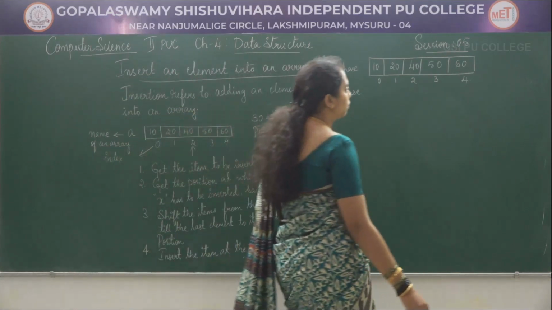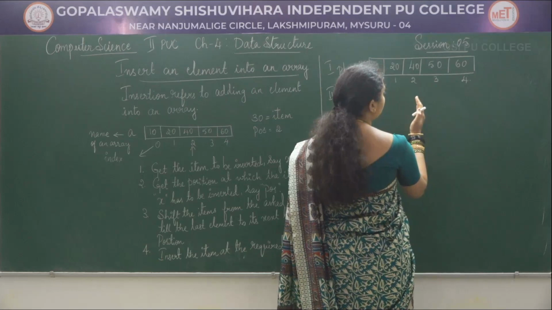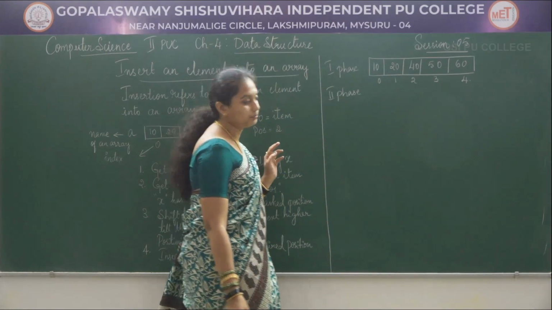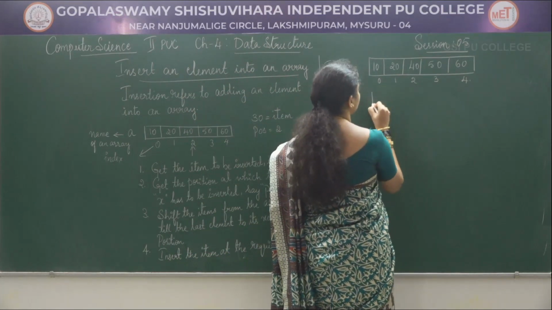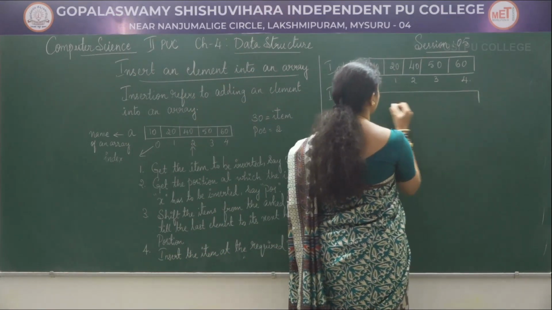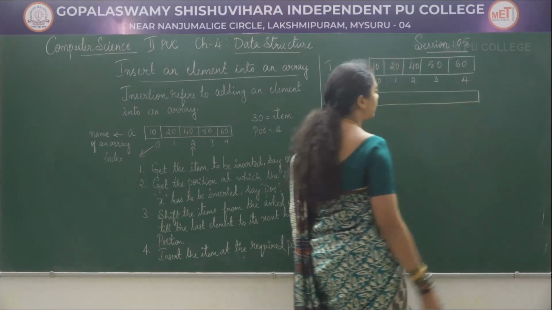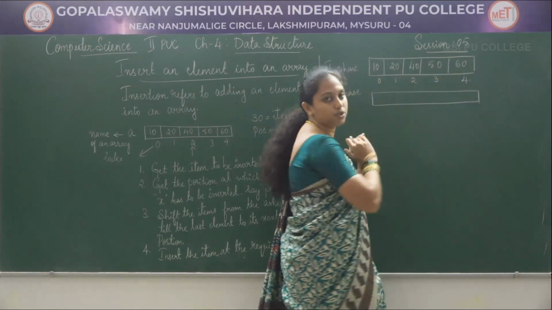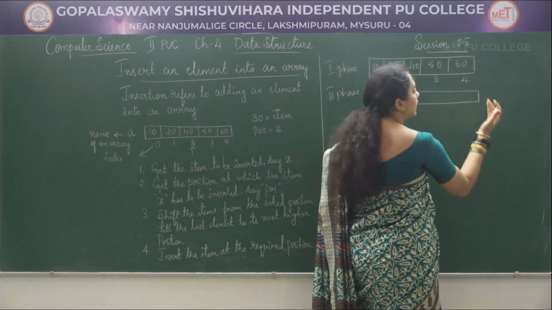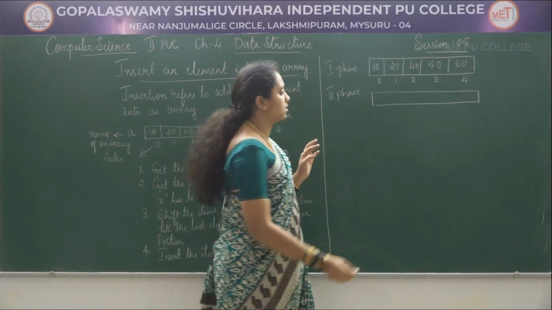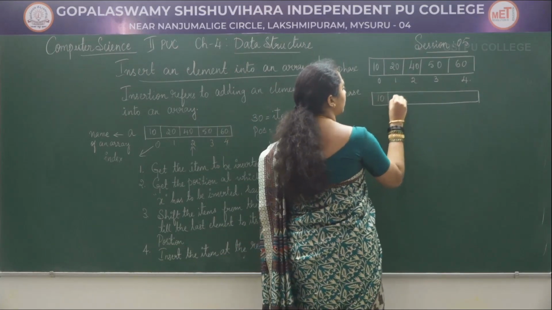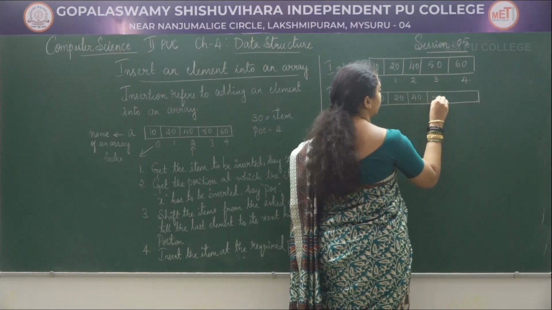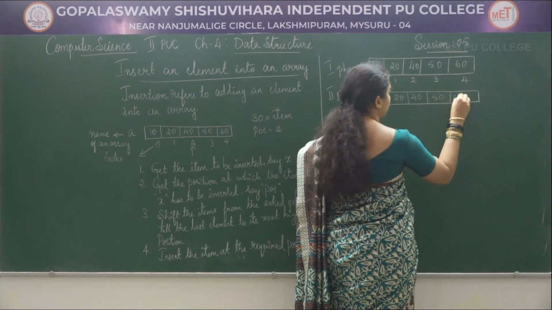For that what we have to do? We have to shift the items to its next higher position. So how to shift the elements? From the last element till the required position we have to shift to the next higher positions. 10, 20, 40, 50 and 60.